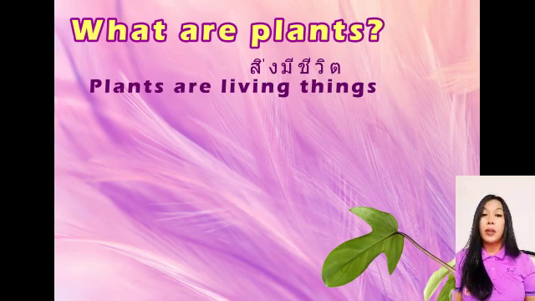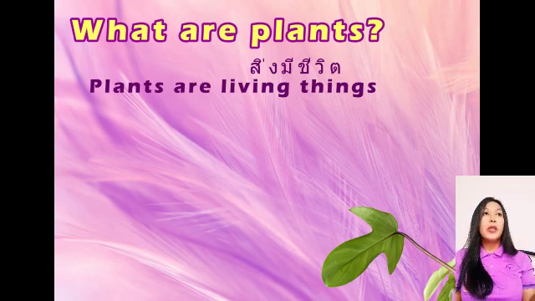For example, they reproduce. They grow. They are dependent on the environment, and they also respond to stimuli. So those are the characteristics of a living thing, of the plants.